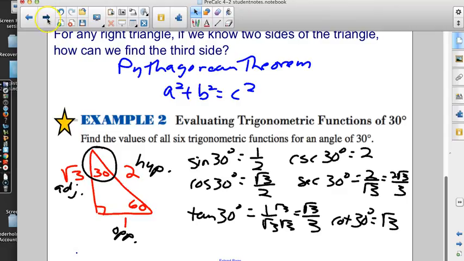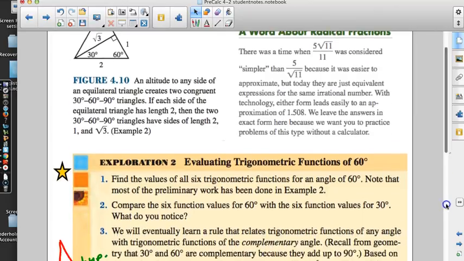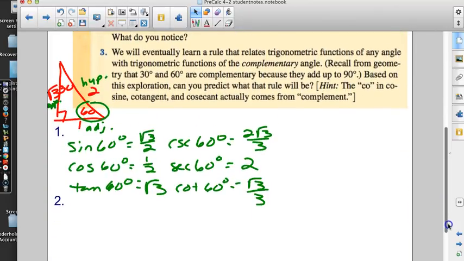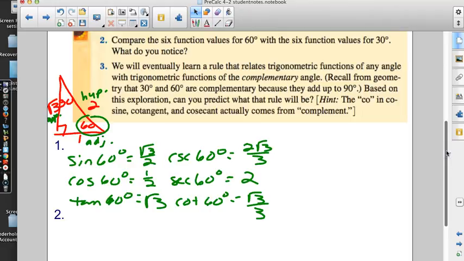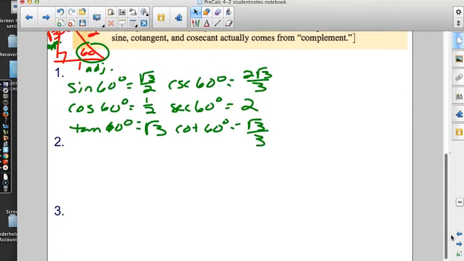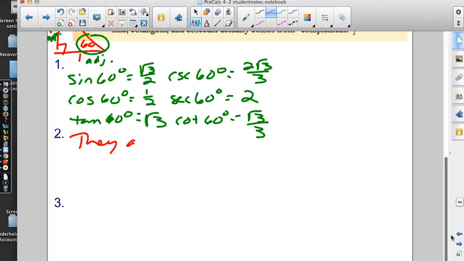And that actually brings us to the definition of complementary. Sine and cosine are said to be complementary in that 30, 60, 90 triangle because you'll notice they reversed when you look at what we had for our 30-degree angle. So, number 2 says, compare the 6 function values for 60 degrees with the 6 function values for 30 degrees. What do you notice? They are the same numbers, but they're definitely in different places.